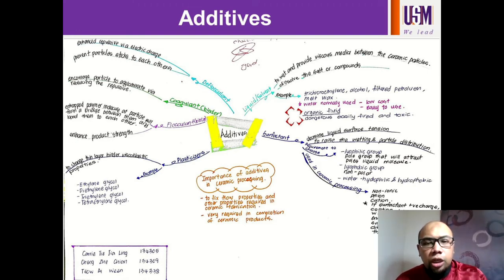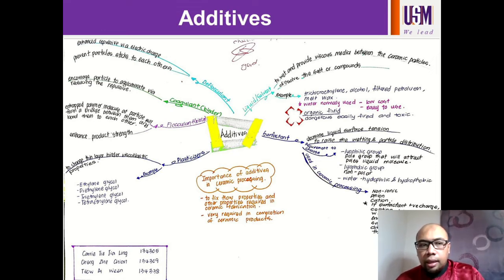It encourages particles to agglomerate by reducing the repulsion. Flocculant traps polymer molecules and particles, forming a bridge between them and bonding them to each other, and so on. For liquid and solvent, they use solvent-based additive solutions which are highly flammable and a serious risk to human health.